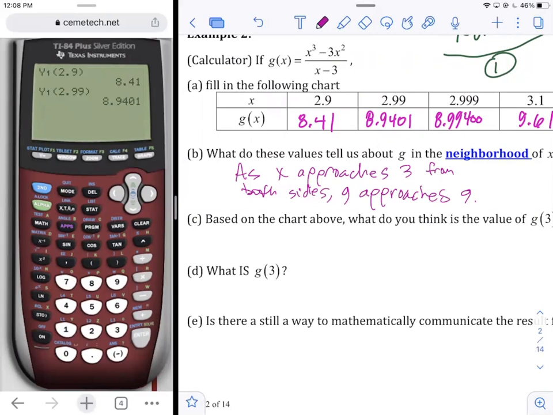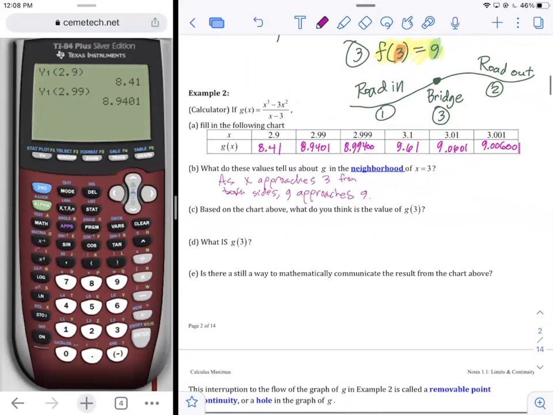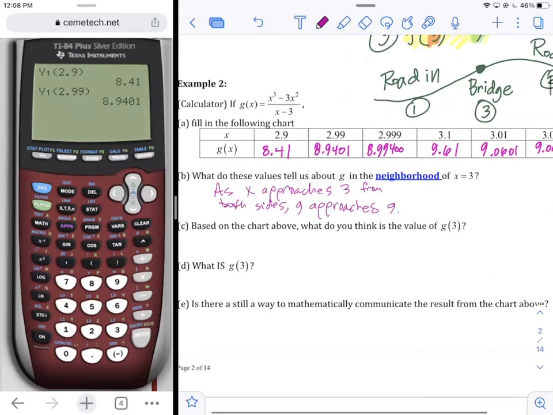Now, again, if you're just a mathematician detective and you don't know the equation that generated these values, is there evidence that would tell you what G of 3 actually is? Well, you might say the same thing, right? You might say 9, but being a good math detective, after the first experience, you're saying, you know what?